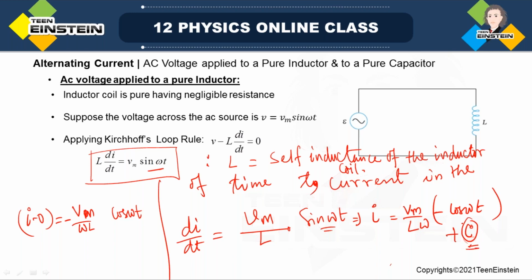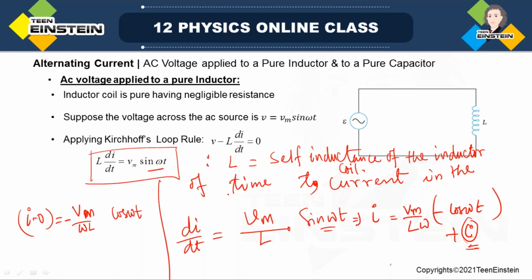Since this is not a time varying function, it does not affect our current in the circuit, because DC current does not affect our inductor. This is a constant part, it does not vary with time. So if there is a part of current which is not time varying, that will not influence this inductor coil anyhow. That's why this constant term we can neglect.